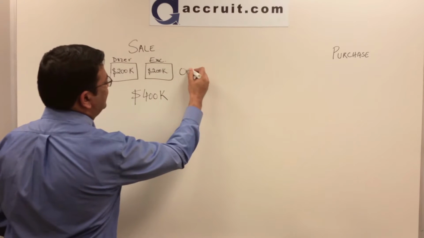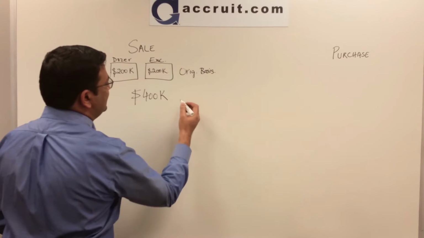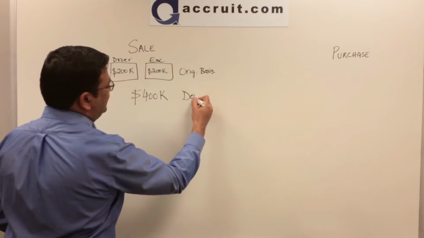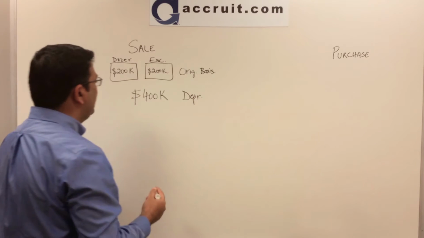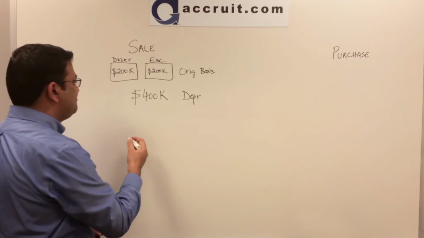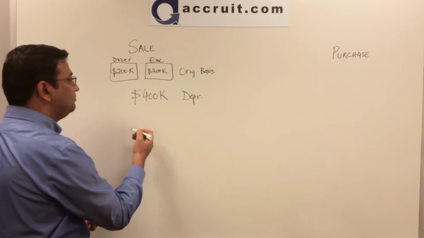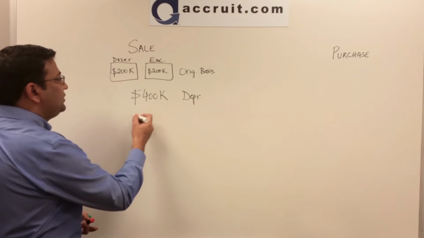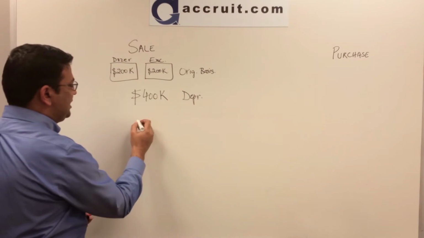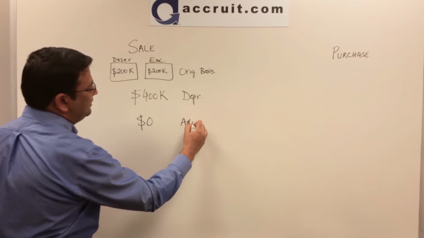These are the original bases, $400,000 for two assets. This is depreciation taken over the years. Now, at the point of sale, when I'm looking to sell, I have to take a look at what leftover basis is, or the adjusted basis. So the original basis minus depreciation, I'm left with zero basis, or adjusted basis in the two assets.